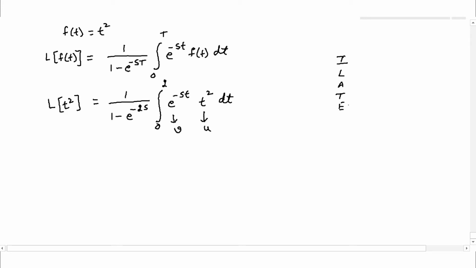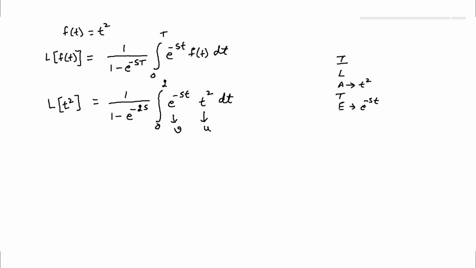So, algebraic function t square is there, and the exponential function e power of minus st. Therefore the first function is t square, so I'll be taking that as u. The next function is e power of minus st, therefore I'll be taking that as v.